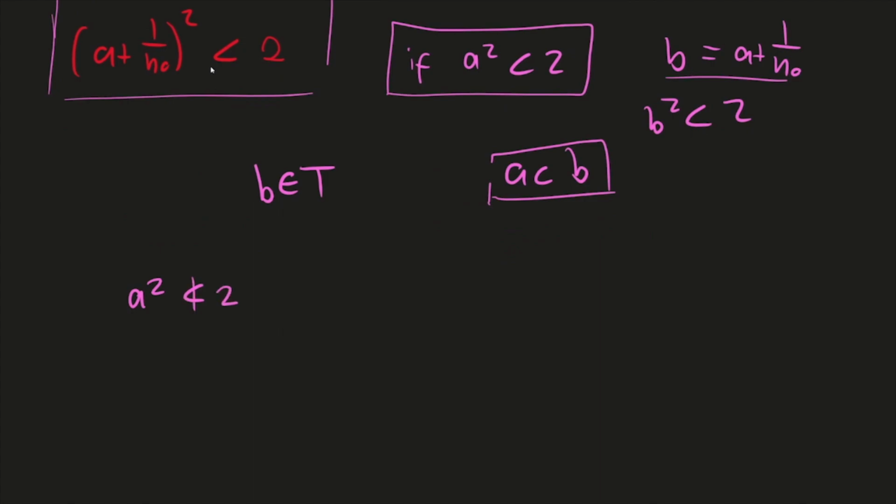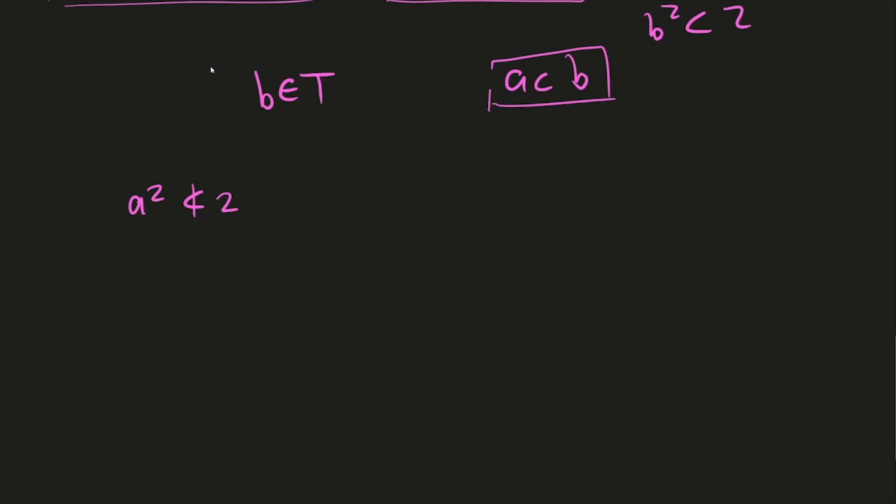The next part that we would want to prove, and this is the bit I'm leaving to you guys, is that a squared is not greater than 2. And it's going to be the same deal. We are going to assume it is greater than 2, and then we're going to pick our b to be equal to a minus 1 over n.